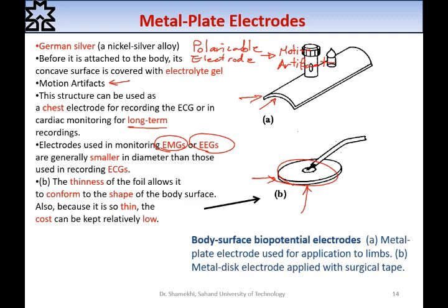Remember that EMG and EEG electrodes are generally smaller in diameter. A smaller diameter means higher impedance. Remember that. In figure B, some of the disc metal electrodes are made of thin foils, and thin foils allow them to conform to the shape of the body.